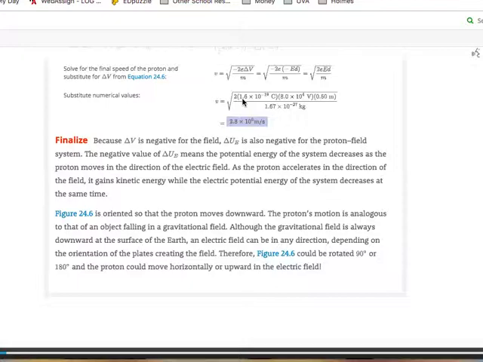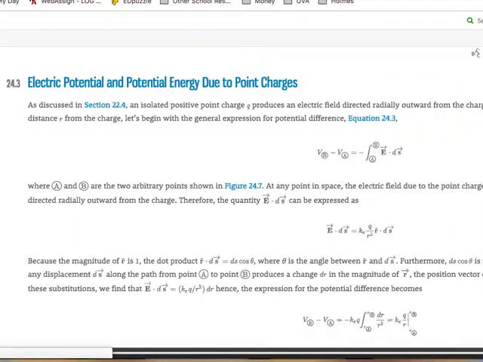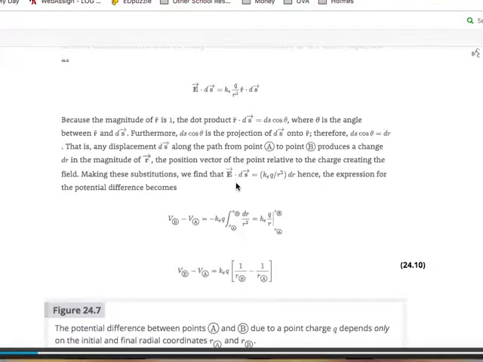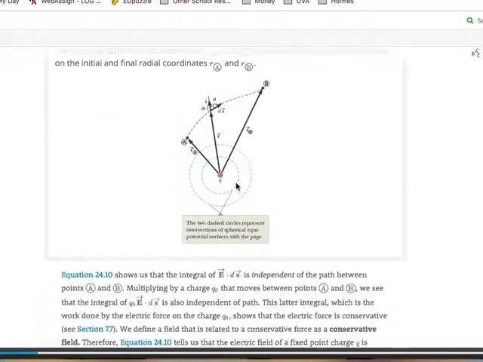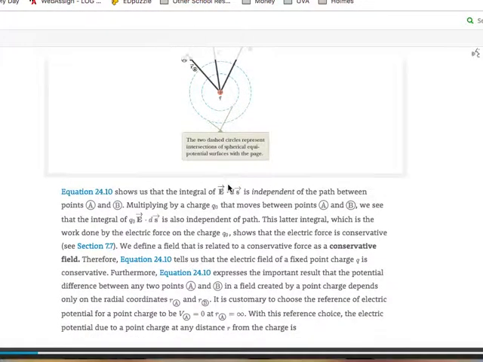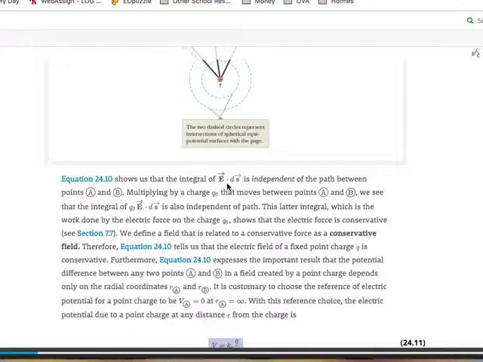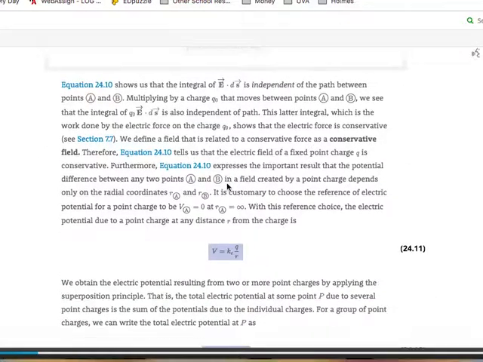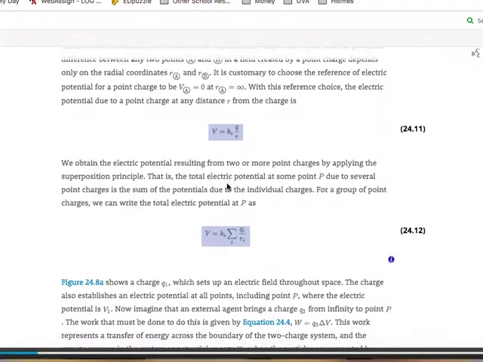And you will have less potential if you are closer to a positive source charge. This is going through changes of potential energy again. The electric field is a measure of the rate of change of the electric potential with respect to distance.